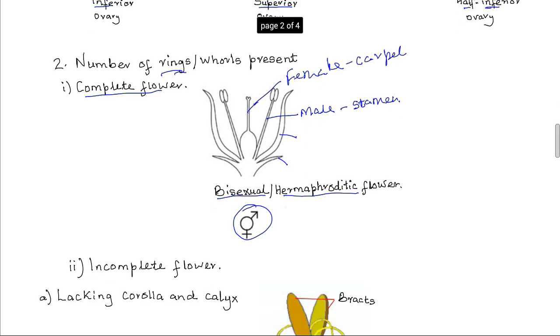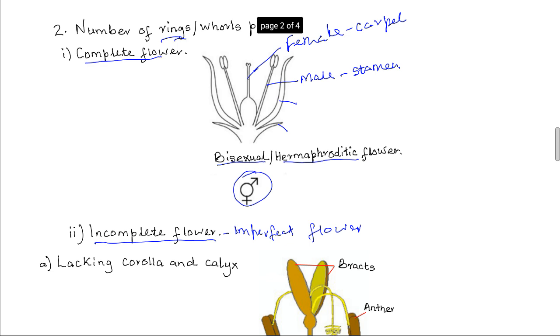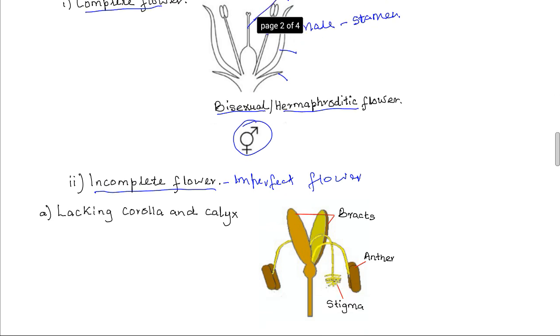And then you have the incomplete flower. These are the imperfect flowers. An imperfect flower is one that lacks one or more of the floral rings. There are those that lack corolla and calyx.